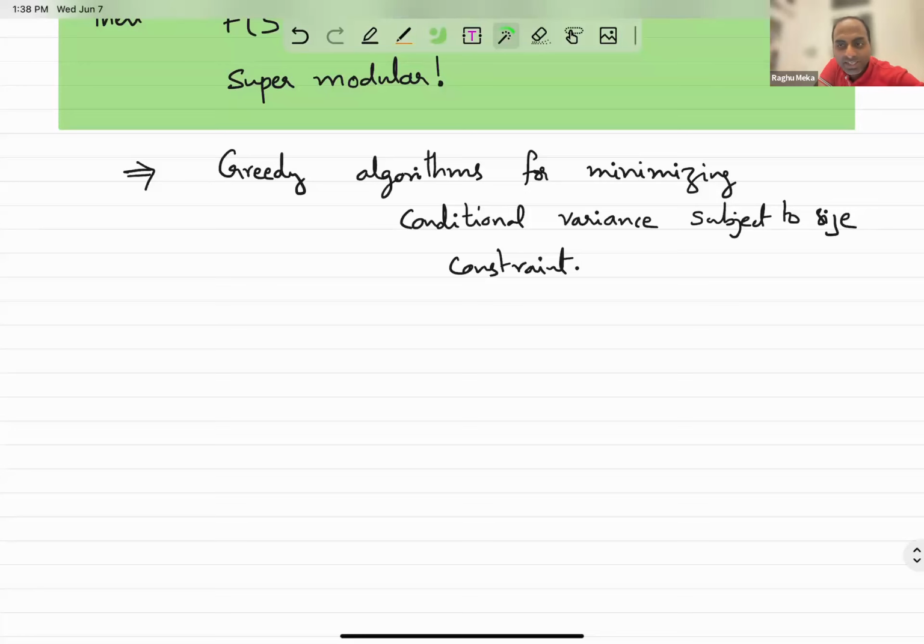You have a simple greedy algorithm. We know that for attractive GGMs, the conditional variance function is supermodular. So greedy works, and those two put together say the greedy prune algorithm will work for attractive GGMs. And for the more general case, you have to go beyond supermodularity. Those things are not supermodular, but there's a very different analysis which works.